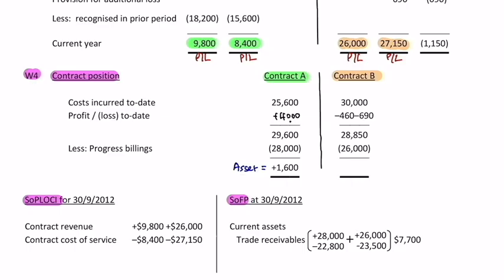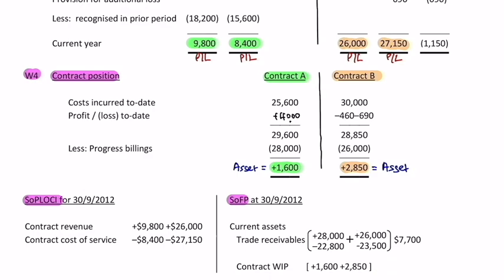For contract B is also a positive figure, 2,850. It's also an asset balance. These are the two figures that we need for our balance sheet. Contract account or contract WIP. For contract A, based on discussion just now, is equal to 1,600. For contract B is 2,850.